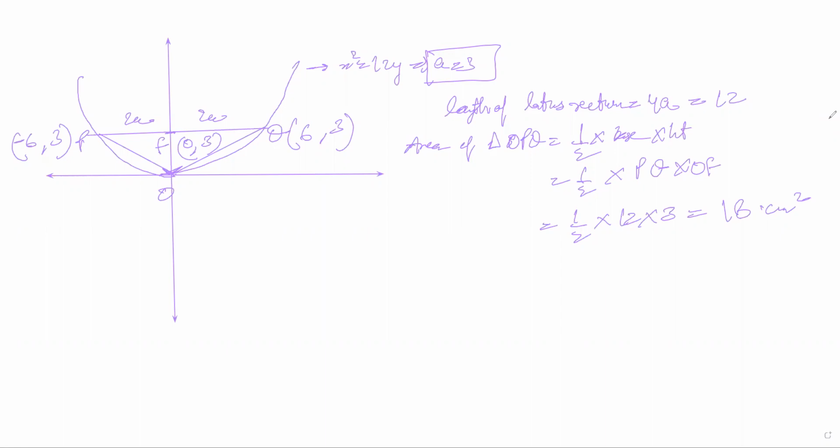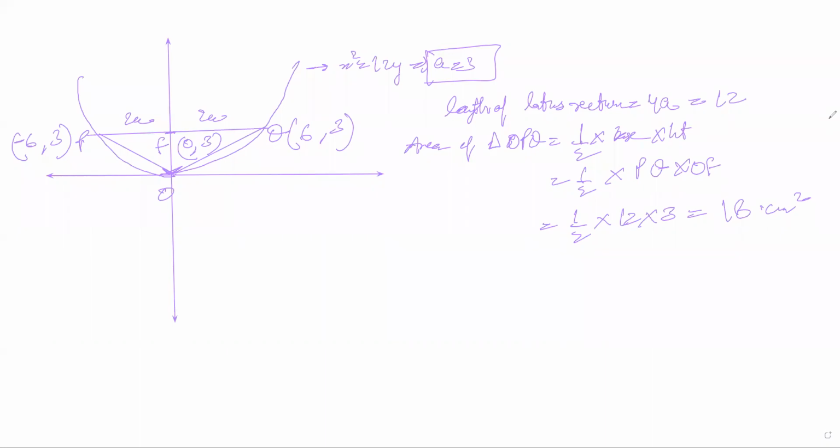But sir, now we need to find the coordinates of P and Q. If we consider triangle POQ, we know that the height will be 3 meters because a is 3, and similarly the length of the latus rectum is 12. So why did we need to find the coordinates of P and Q?